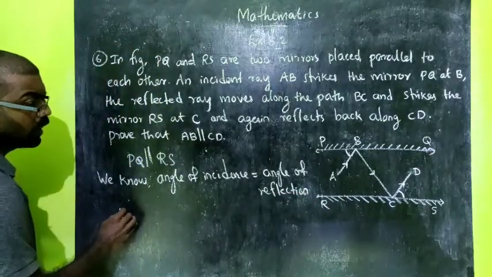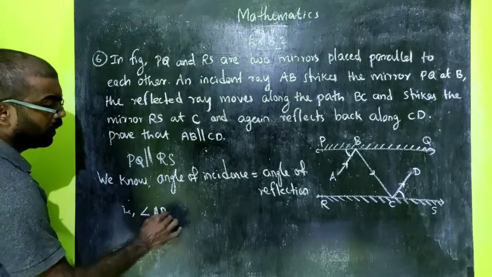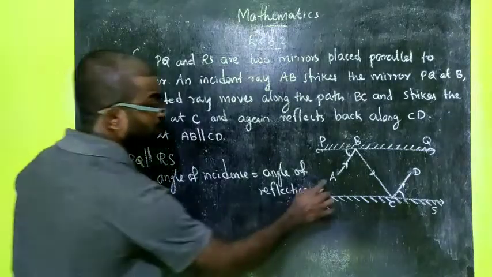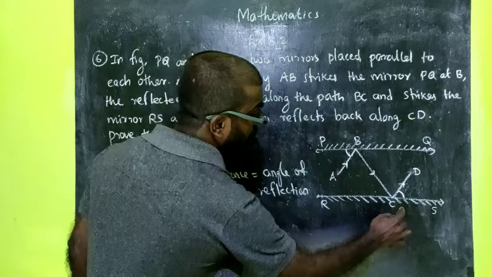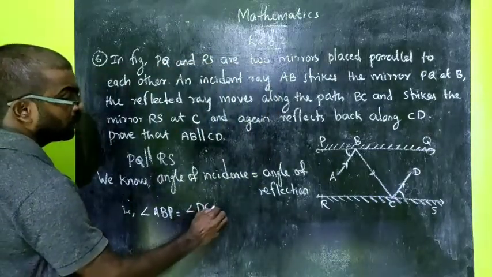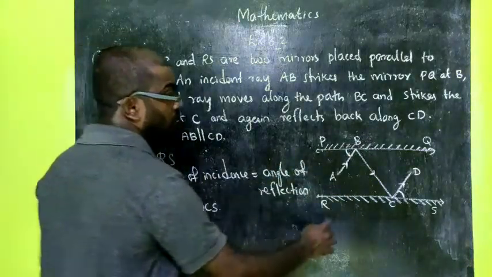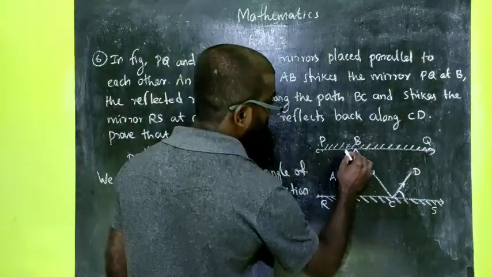So here we can write that angle ABP equals angle DCS. Okay.